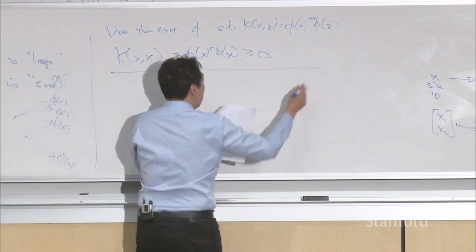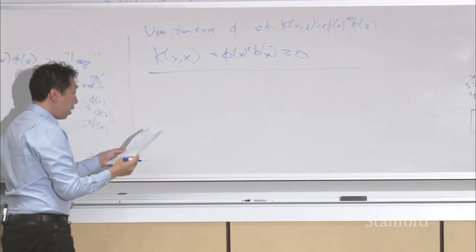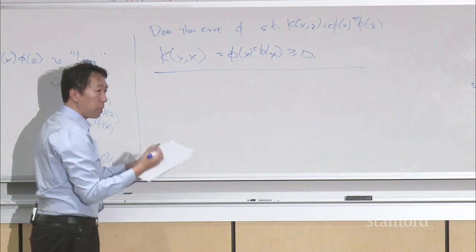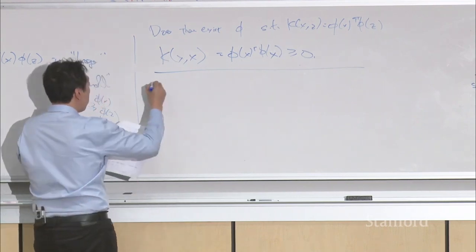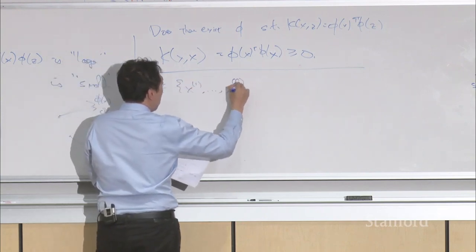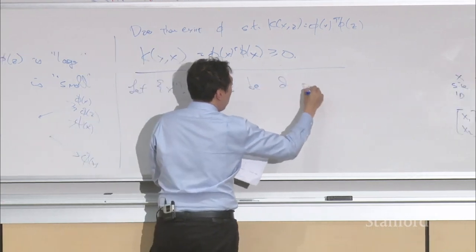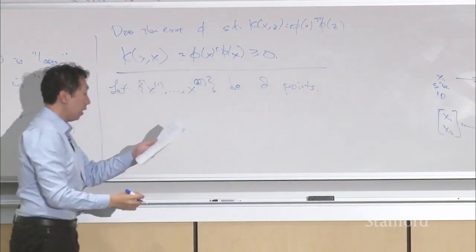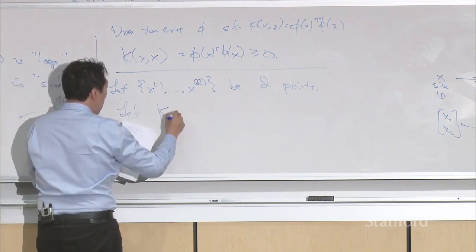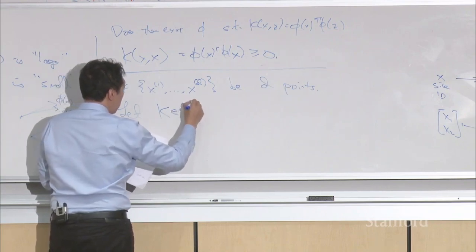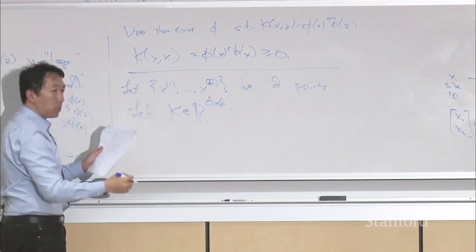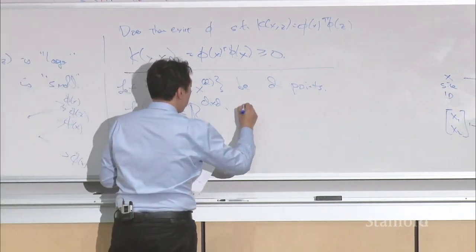Okay? More generally, there's a theorem that proves when something is a valid kernel. So let me just outline that proof very briefly. Let x1 up to xd be any d points, and let k, sorry about the overloading of notation, k represents a kernel function, and I'm going to use k to represent a kernel matrix as well.